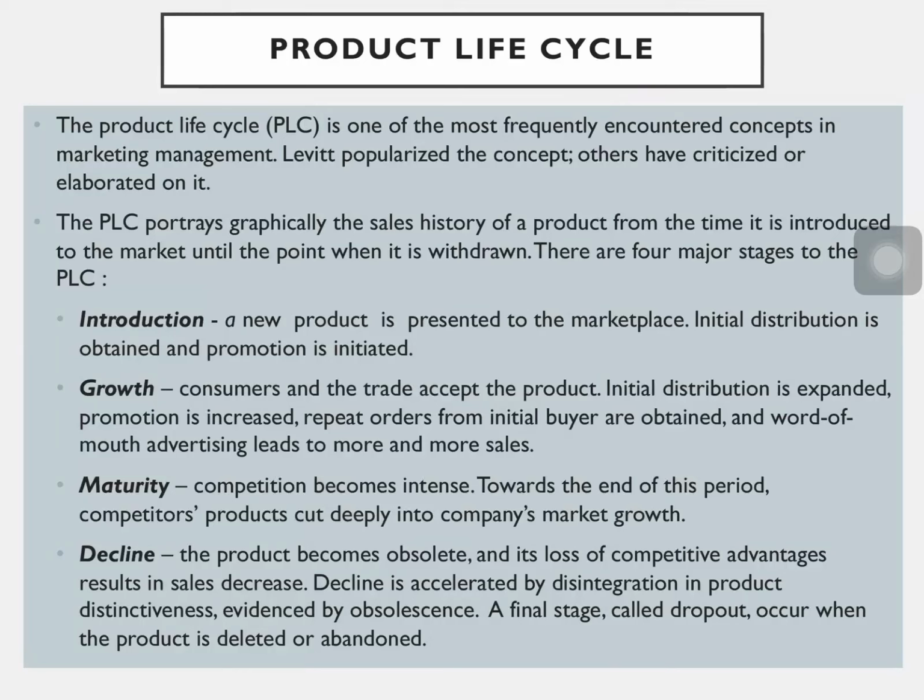So, so far, we have seen the product life cycle and its various stages. The product life cycle, as you know, is a graphical representation of the sales history of a product from the time it is introduced to the market until the point when it is withdrawn, and the various stages, the introduction, the growth, the maturity, and the decline phases we have explained in the previous video.